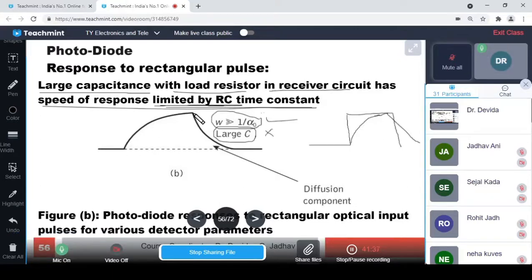So some electrons are shifted, and again other electrons are shifted towards the next side. In this way the overall pulse shape also gets changed, and the pulse duration tau, which is important, becomes very large, and that reduces our ability to put a number of pulses per unit time.